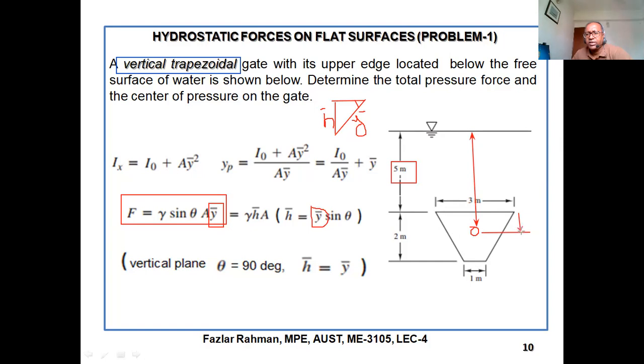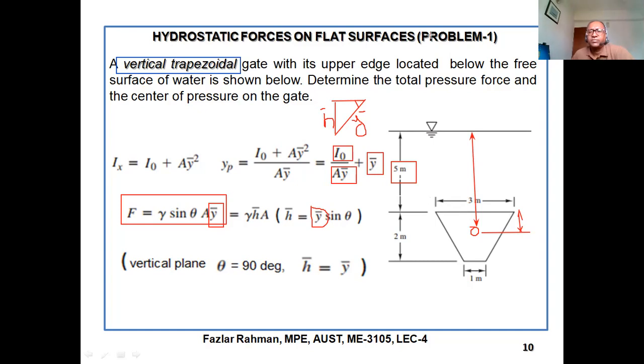If we know this distance, then we can figure out the y bar. Y bar will be equal to 5 plus this distance. Now, how will we figure out the center of pressure? Yp equals I naught over area of the plate into y bar, plus y bar. So you see, without calculating y bar, you cannot do anything. Y bar, I naught, and location of CG are very important.